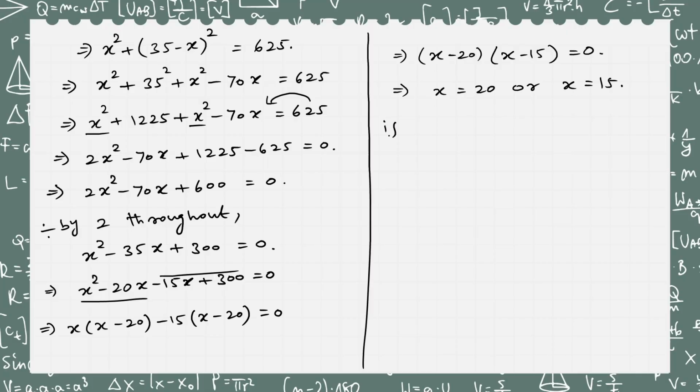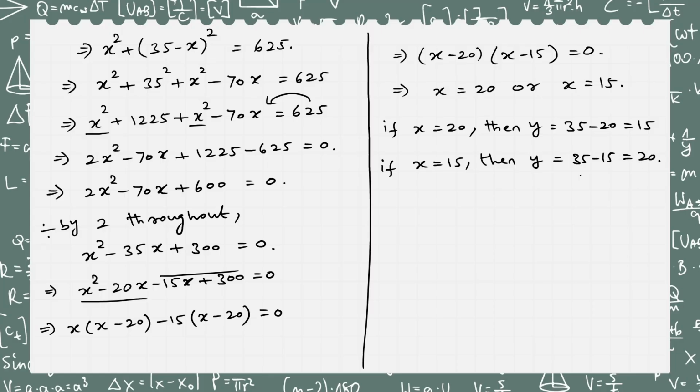So if x equal to 20, then y equal to 35 minus 20, correct? That becomes 15. So if x equal to 15, then y equal to 35 minus 15, that becomes 20.